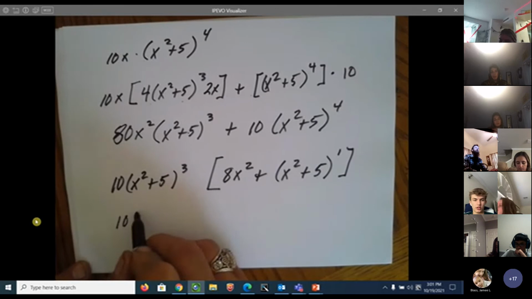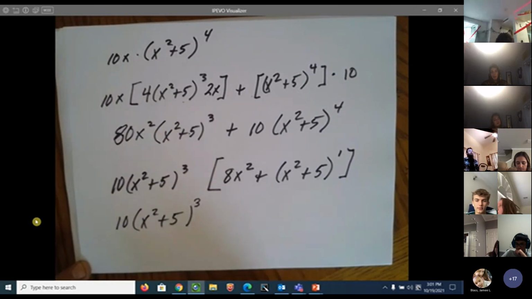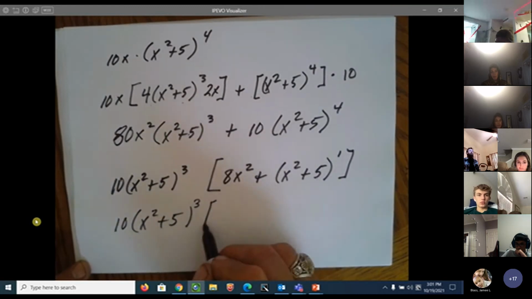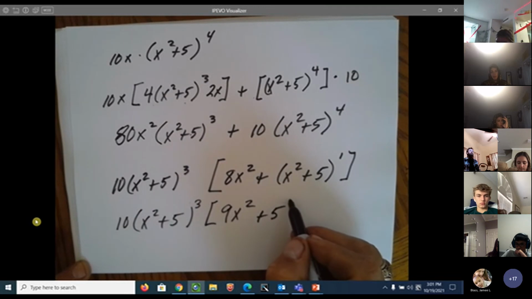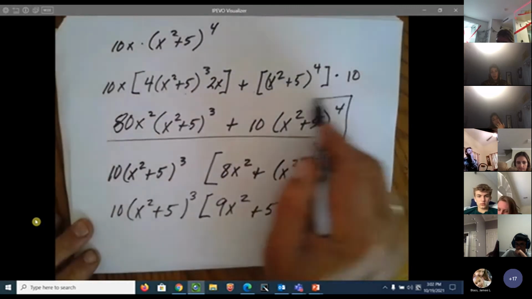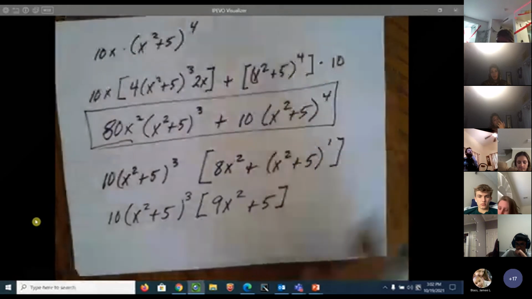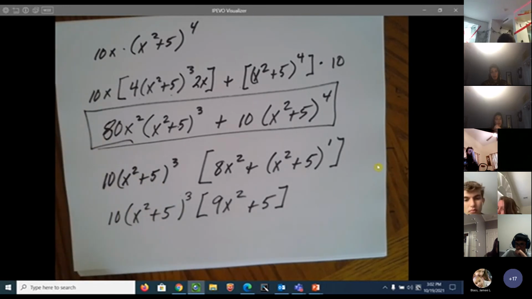And that's going to be 10 times (x squared plus 5) to the third power. And x squared plus x squared is 9x squared plus 5. That must be what they did. So they did a little bit more algebra. This is the derivative. And they factored out and did algebra. So I can understand why you were confused on that. I would not have asked you to go with more algebra. I would have stopped right there.